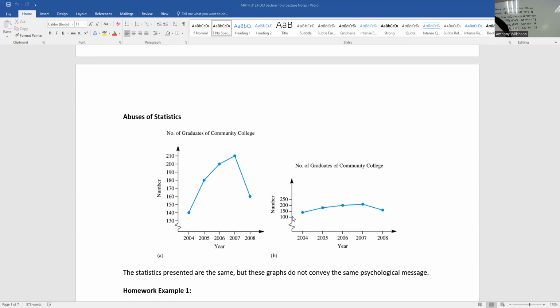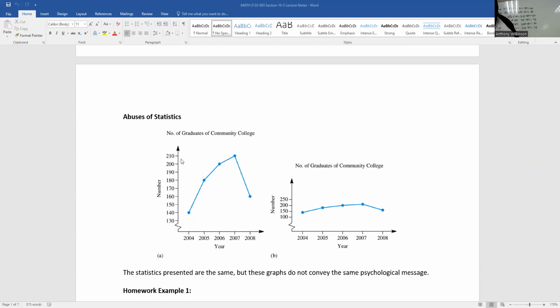But if you were to change your vertical axis like this, then they're going to look at this and say there's not much of a decrease in the number of graduates at that community college.